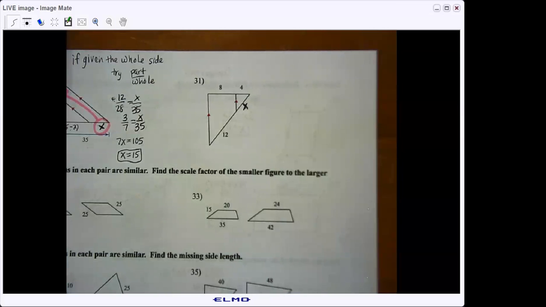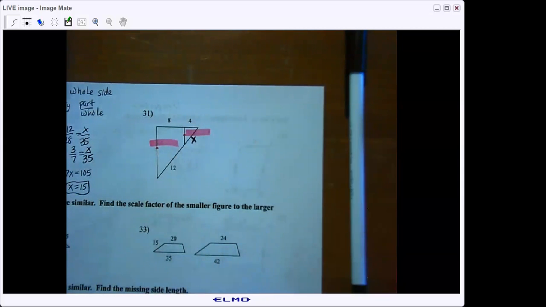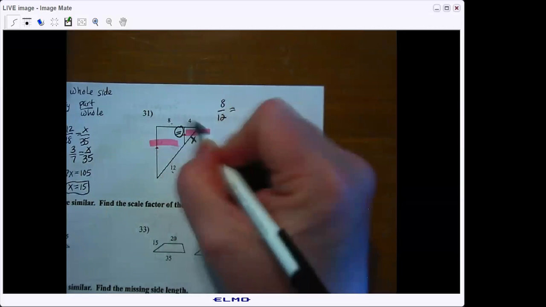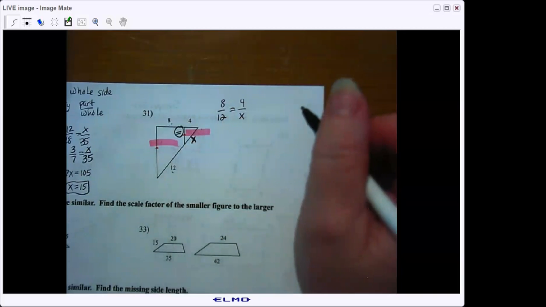A couple of you said x over 4, but if you use this as your division bar, and then there's an equals in the middle, it would actually literally look like 8 over 12 is equal to, okay, not x over 4, but if you start with the 8, you need to start with the 4. So a couple of you said x over 4, it needs to be 4 over x. That's the consistency that's important.